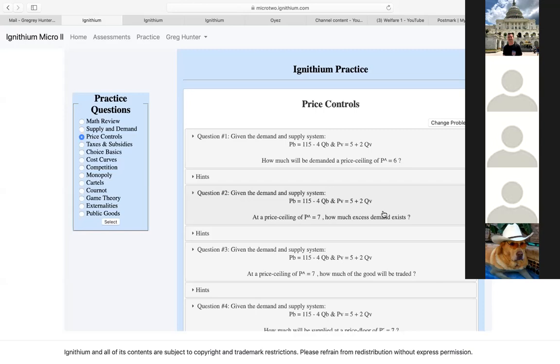And again, it depends on which random numbers you get. But if you don't check to make sure that the price ceiling is below the equilibrium price, then you could run into trouble.